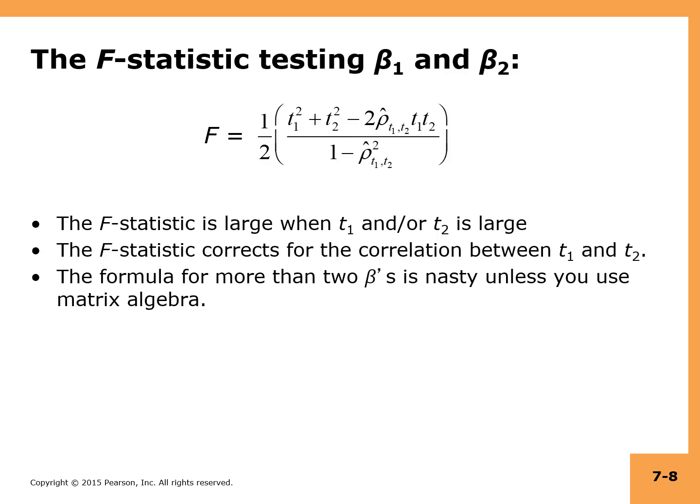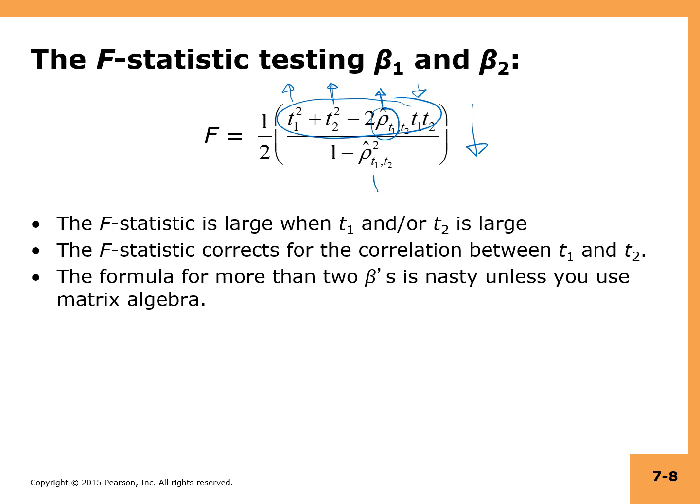Let's look at the formula for the F statistic. The F statistic is large when the test statistic for the first coefficient is large and/or the test statistic for the second coefficient is large. Also, if there is a high correlation between the two statistics, so in this case if this rho is large, that means the numerator is actually small, meaning there's overall downward pressure on the F statistic.